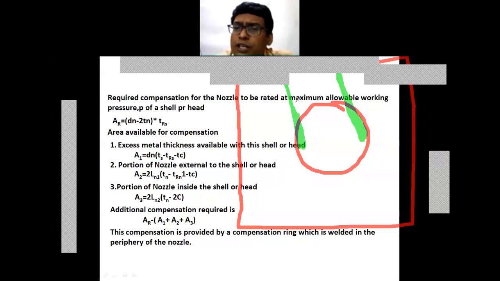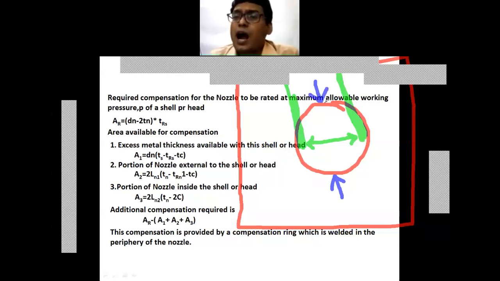So there is a difference in the diameter. The actual nozzle diameter is this, but the actual diameter of the plate which is cut is this.